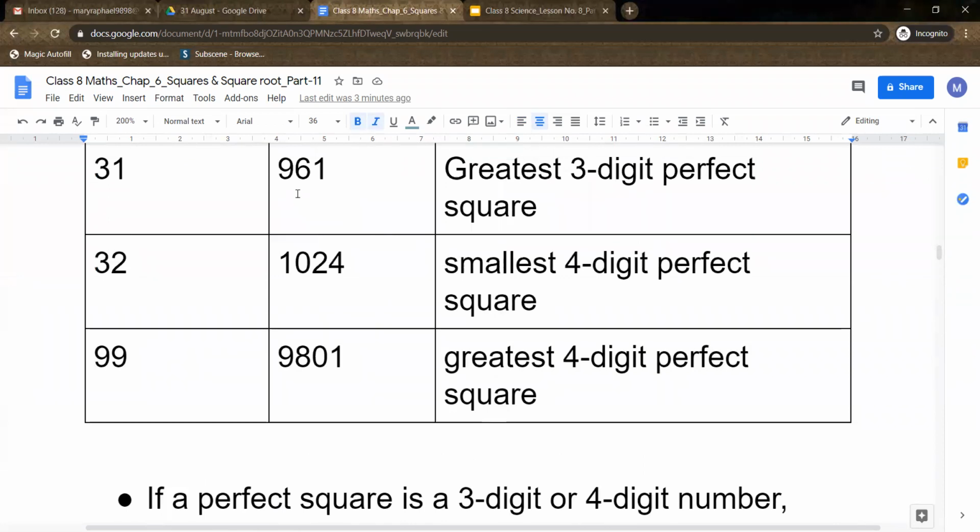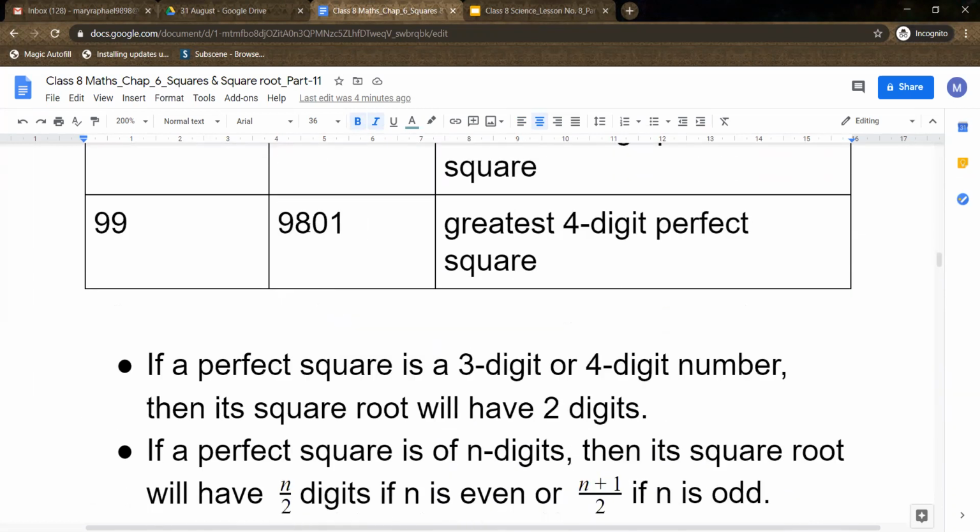Similarly, see this one. Here 961 is a perfect square number of 3 digits and it is an odd number. So how many digits will be there in the square root? We get n plus 1 by 2, that is 3 plus 1 by 2, that is 4 by 2, 2 digits. 31 is having 2 digits. That is the formula we can use.